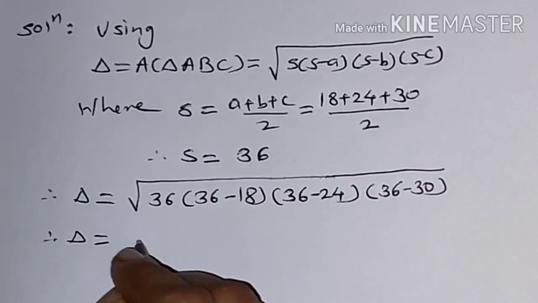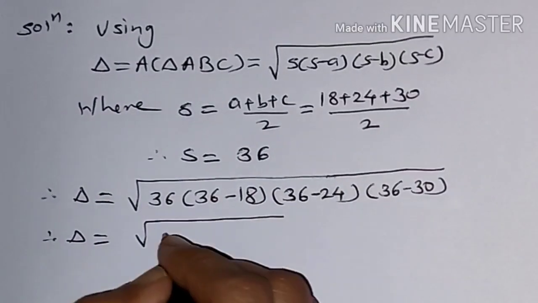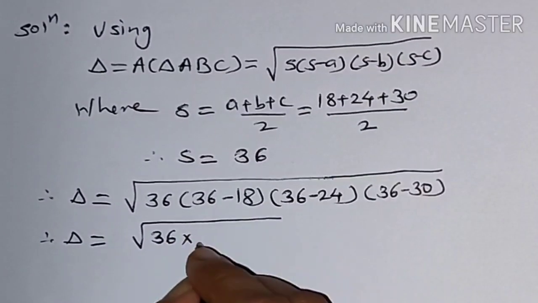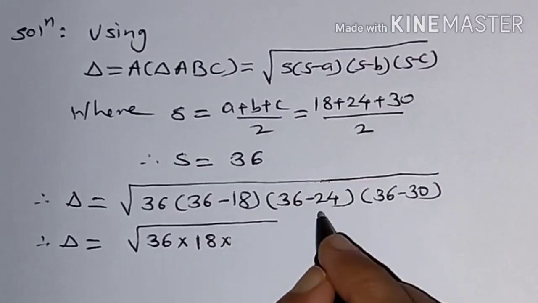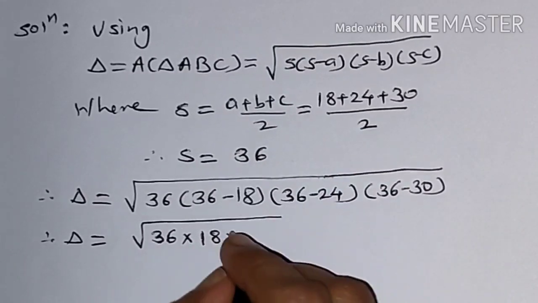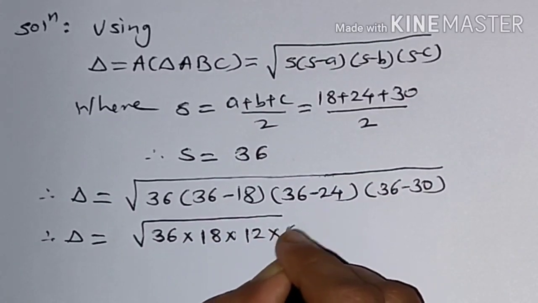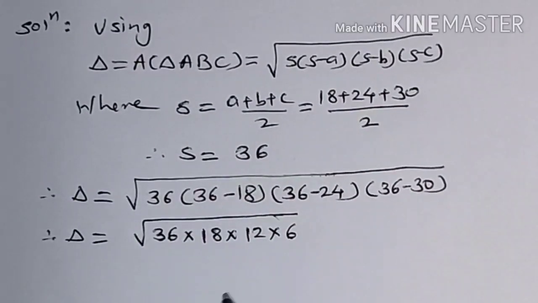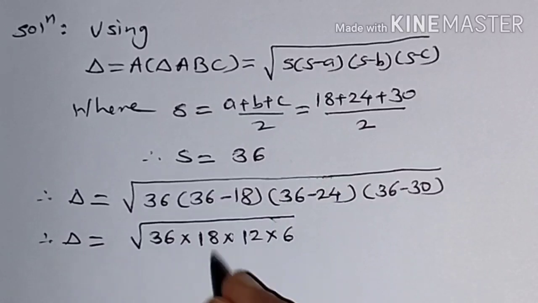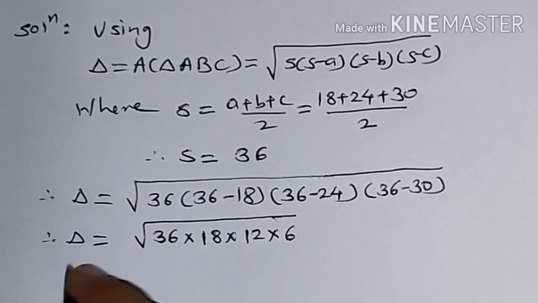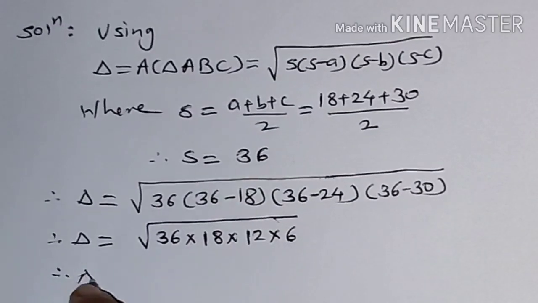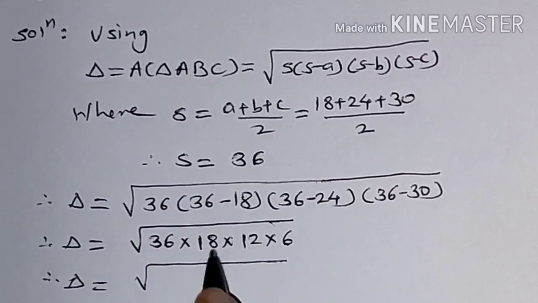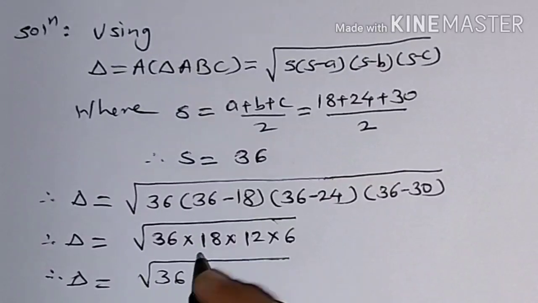So we get delta is equal to the square root of 36 into 18 into 12 into 6. We'll try to get square terms inside the square root. Let's simplify. So we have 36, the square root of that is 6, which you can easily find.